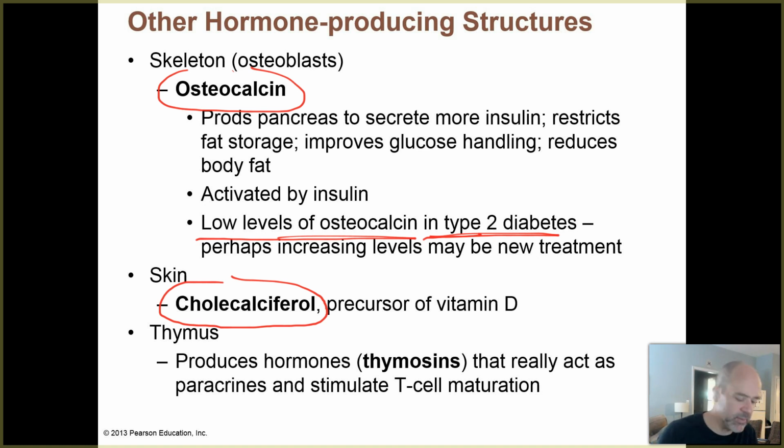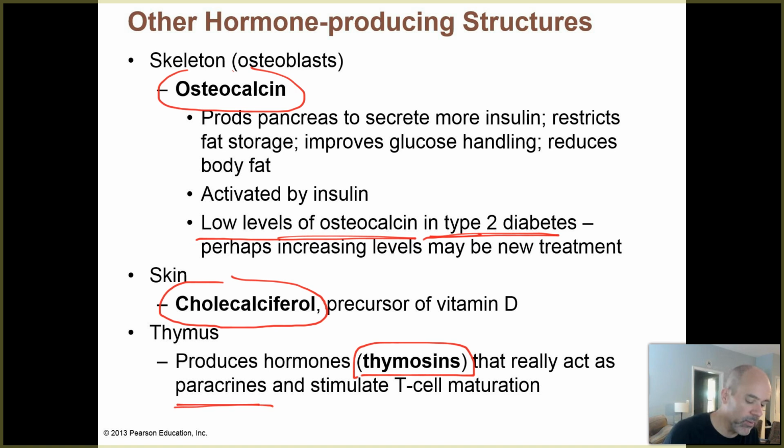The thymus is also considered to be an endocrine gland because it produces some hormones called thymosins, and they're really not, remember how we said hormones get into the bloodstream and can act at long distances away from where they're made? The thymosins are made in the thymus, but they really act in the thymus.